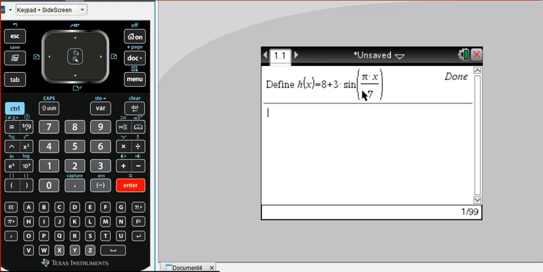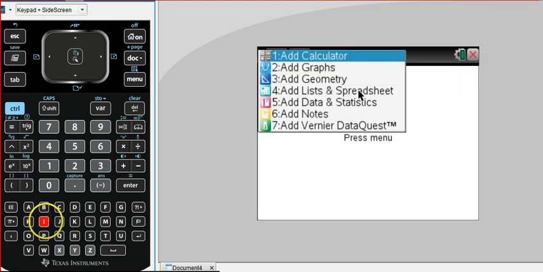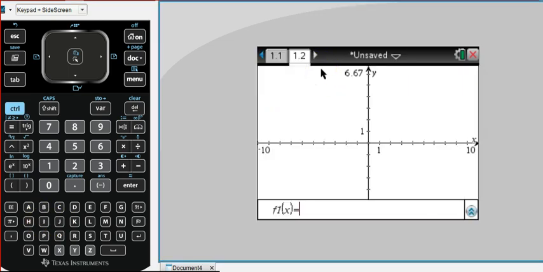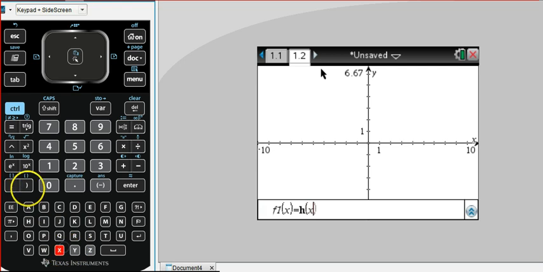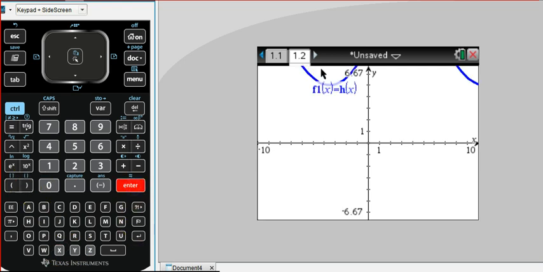Then to graph it, insert a graph page and just type in here h of x, and again you can see that it's a little bit out of the window.